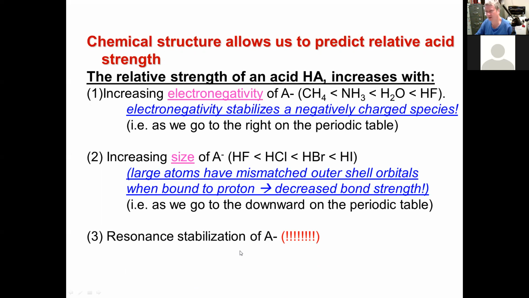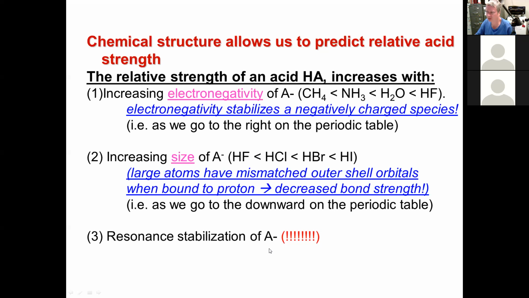Would it be acidic or non-acidic? It would be non-acidic, right? And we'll show an example in a second. If you have stabilization of A minus through whatever means, it could be electronegativity, it could be the bond mismatching. If A minus is favored to form, then you have an acidic molecule. And resonance stabilization of A minus is a big way to do that.